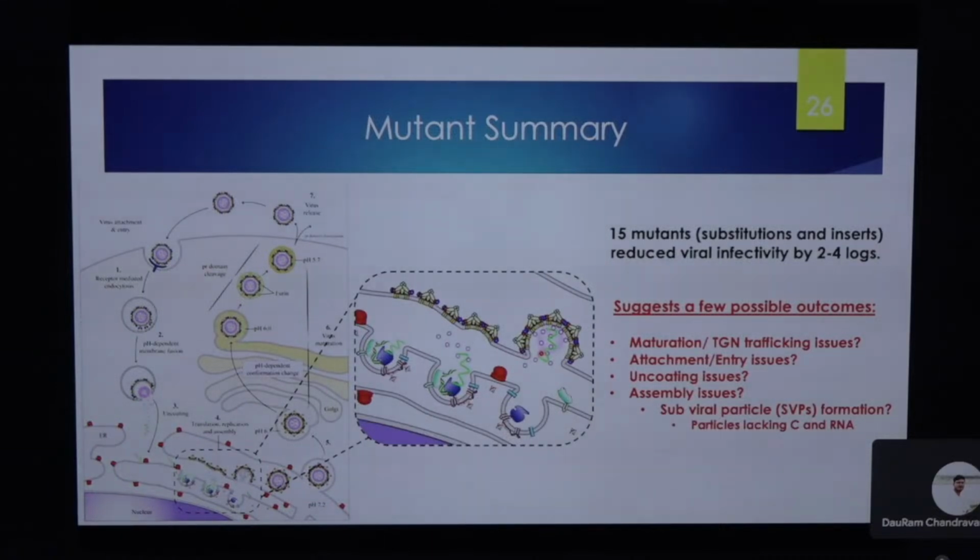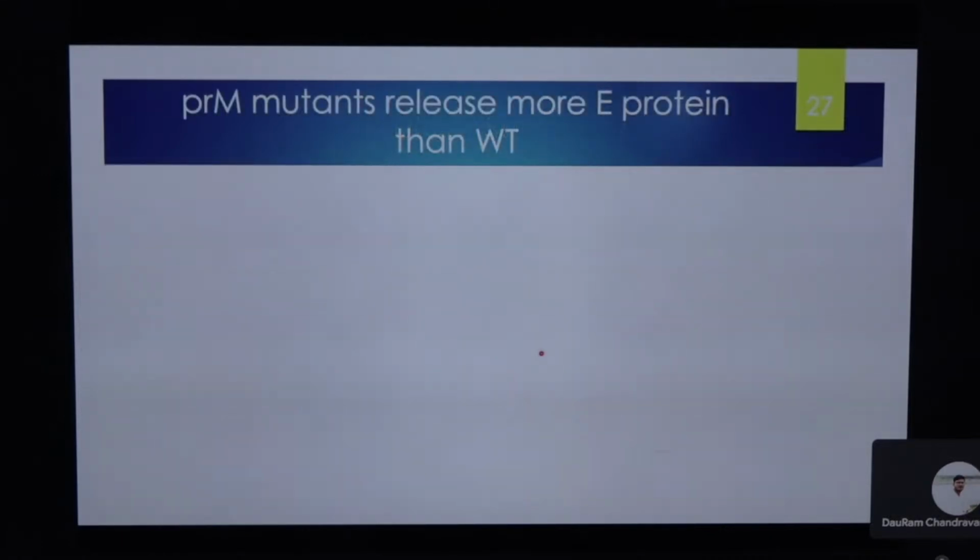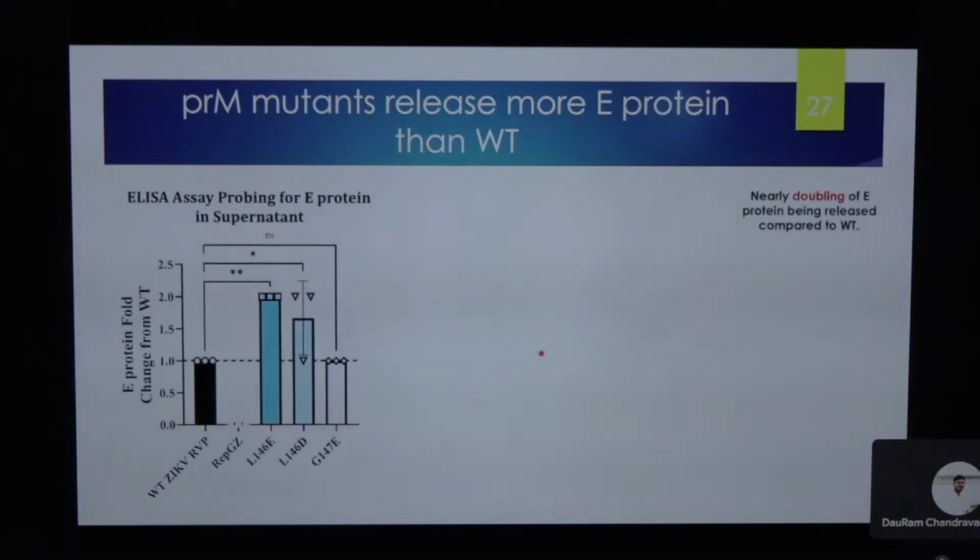And so we needed to do a little more homework to find out where within the virus life cycle we are disrupting. To do that, we first looked at the amount of E protein being released by these mutants. We can see that L146E and D both have about a doubling of the amount of E protein released into the viral supernatant compared to wild type.